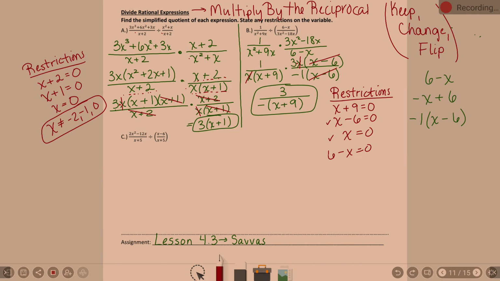It's the same as x minus 6 with a negative 1 factored out. So that one's just going to be a duplicate. So you do end up with 3. X cannot equal negative 9, 6, and 0. It gets a little touchy with division, doesn't it, in terms of keeping all the variable restrictions straight.